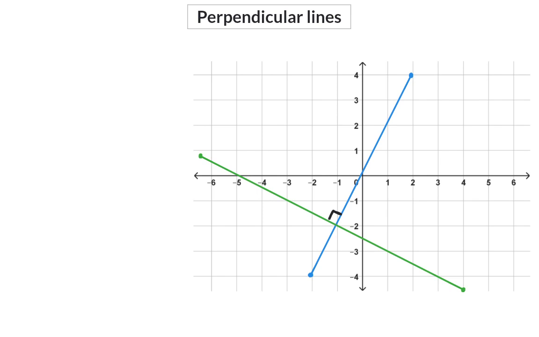Remember that the gradient represents the change in y value over the change in x value. And for our first line, the change in y value will be 2 units for every 1 horizontal x unit. So the gradient is 2 over 1.